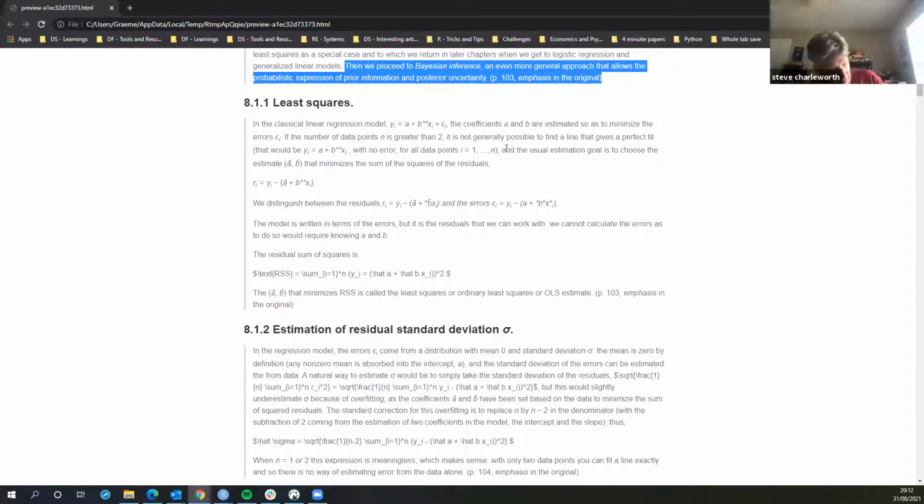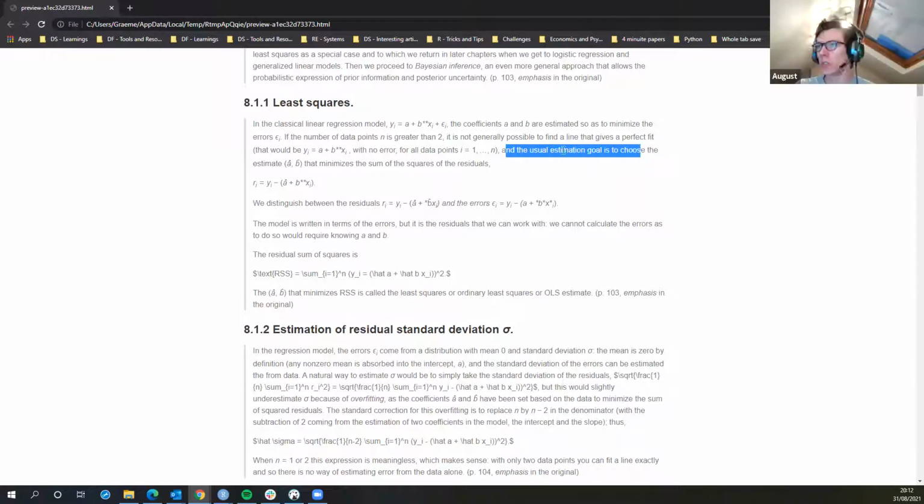Yes. Anyway, the usual estimation is to choose an estimate that minimizes the sum of squared residuals. You could use the term error, but that's not technically correct because error refers to the exact amount and residuals refers to the leftover from the estimates.